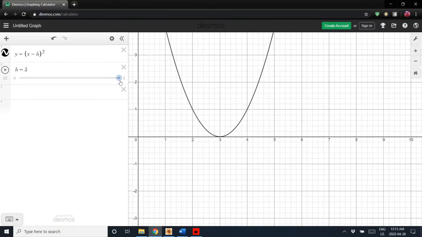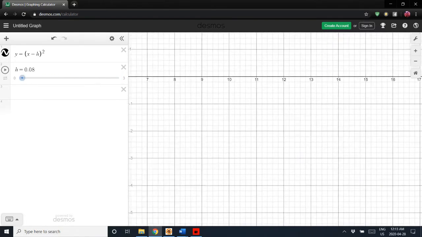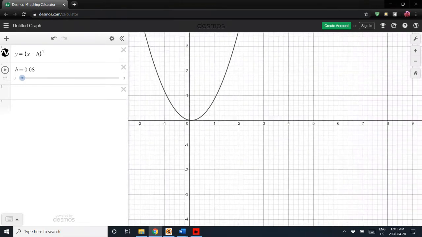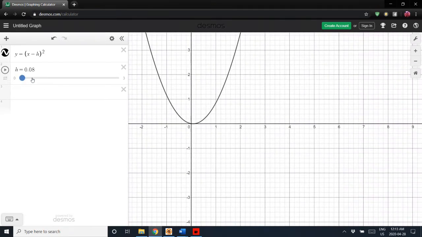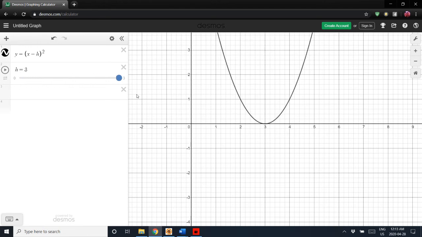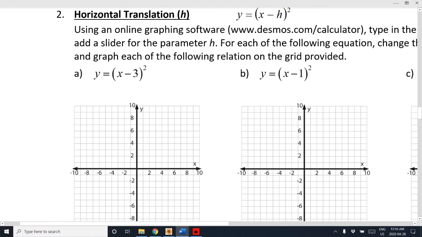So we can see the points are just relocating, and traveling to the right 3 units. Okay, let's go back to our lesson sheet and fill it out. I wonder if any of you guys are actually doing this in Desmos. If you don't do it, it's okay, but you can play around with it yourself. Anyways, let's head back to translation.